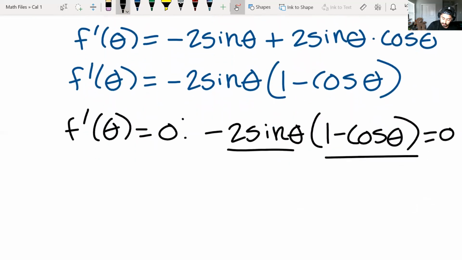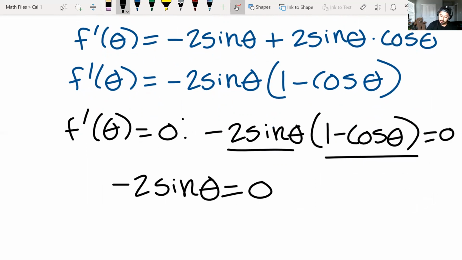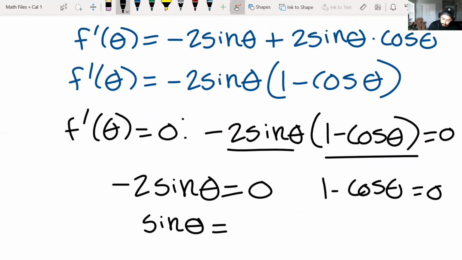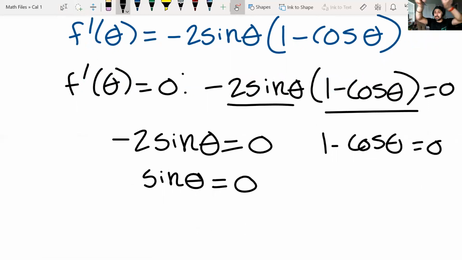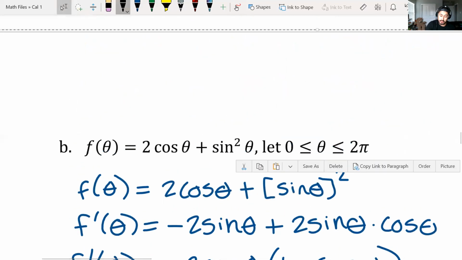So negative 2 sine theta equal to 0. 1 minus cosine theta equal to 0. And then divide by negative 2, you get sine theta equal to 0. So now, here's where you remember your unit circle, right? Before I even start, we only want values on the unit circle.